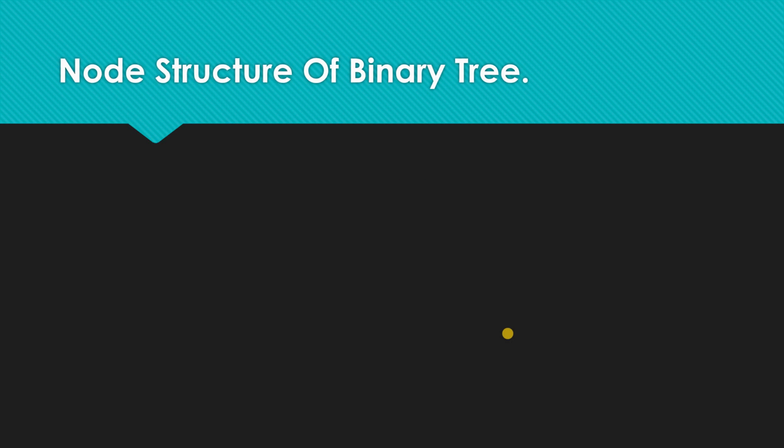Now, how does the node structure of the binary tree look like? The node structure of the binary tree has 3 components. One is the data component, or we can say the value stored in the node.